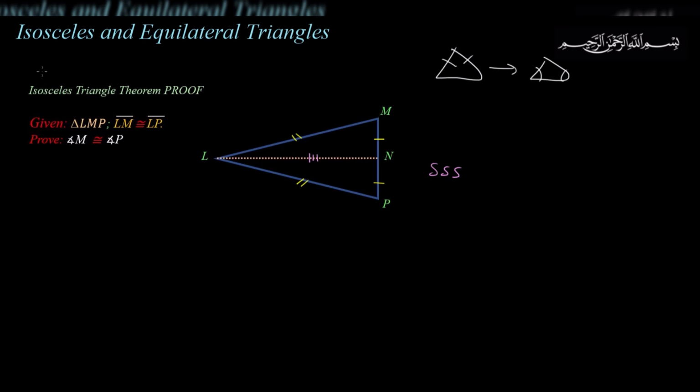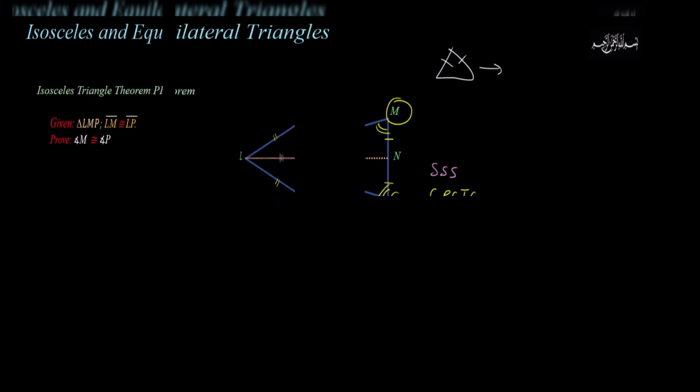And from there, we know that angle M is congruent to angle P because of corresponding parts of congruent triangles are congruent. And that's how we prove the isosceles triangle theorem. So you should write this out. In fact, this proof is in your textbook, and you should be able to do this proof on your own if need be.